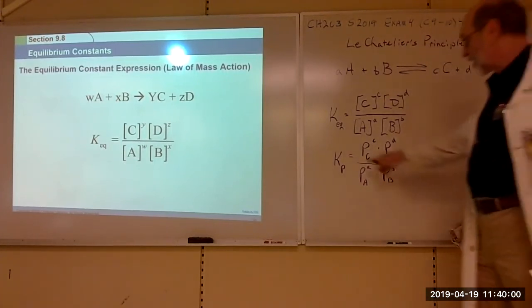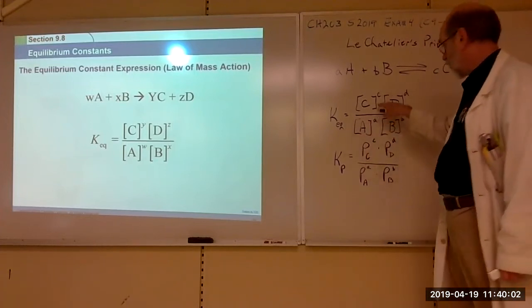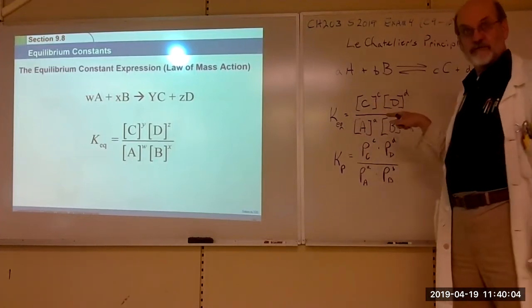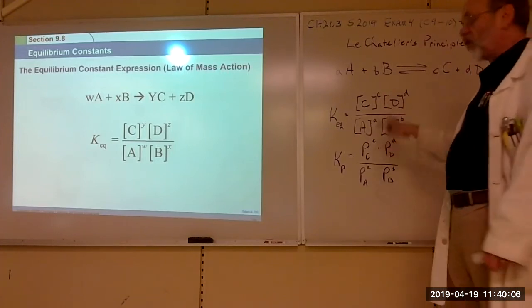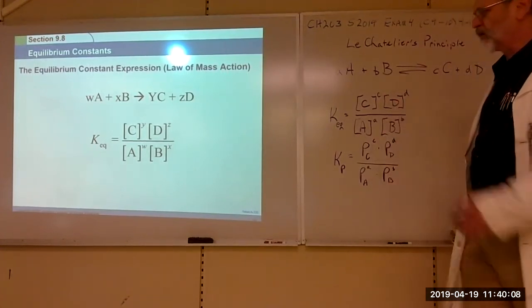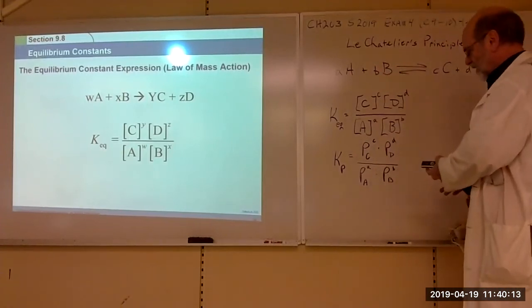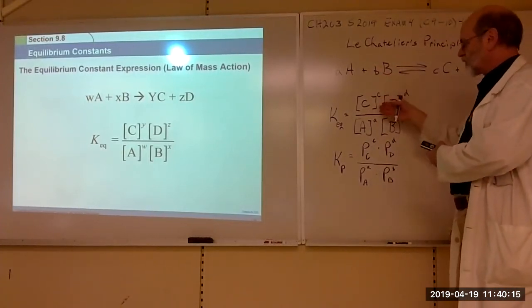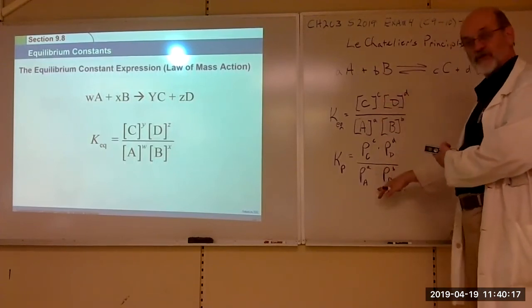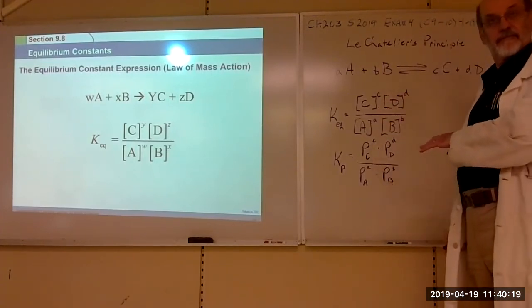Okay? But these numbers are not equal, right? Because we're using different units of measure. But they are related. I don't know if we're going to get to that calculation, but just to illustrate the point, you don't have to use concentrations and molarity. You can use partial pressures if they're gases.